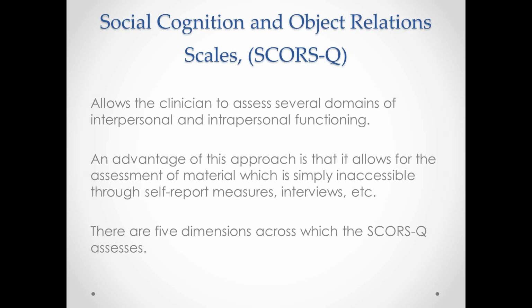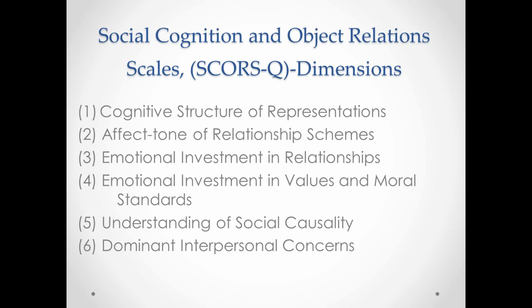There are 5 dimensions across which the SCORS-Q assesses, and in the original SCORS, the original score system, it was only 4, and then it was later expanded into 6.